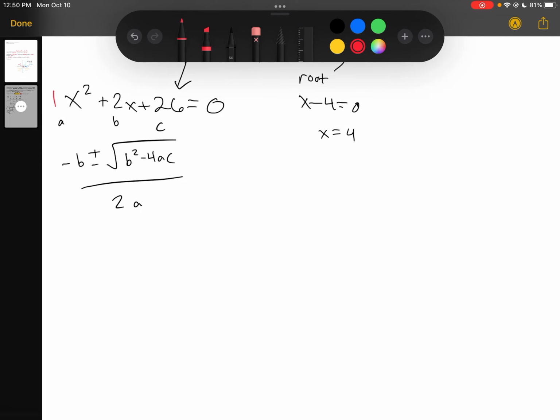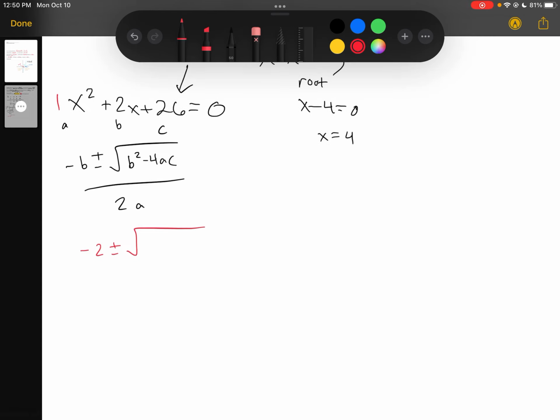So we know that a is 1, b is 2, and c is 26. And then one step at a time, make our way through the quadratic formula. So start off here, we'll do our exponent, and then we'll also do our multiplication.